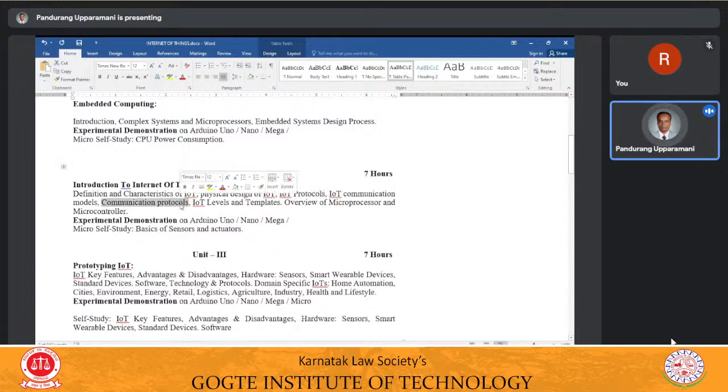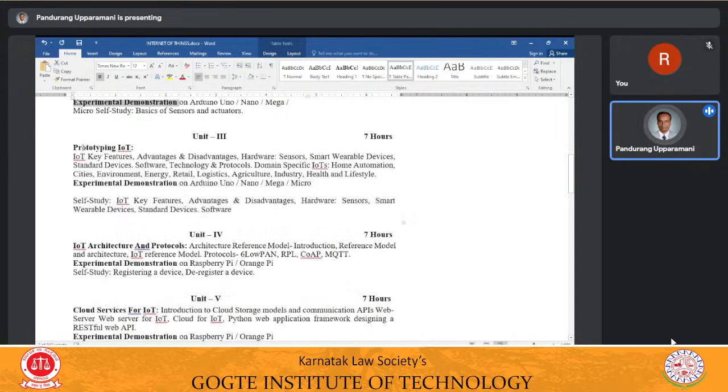The same thing holds good for the communication protocols, IoT levels, then templates, and again the experiment part is there. Every unit you can just see, every unit is having a part of experimental demonstration. 1 or 2 experiments in the first unit, 1 or 2 experiments in the second unit, like that.